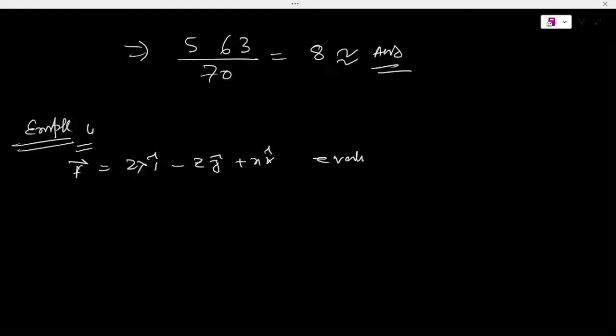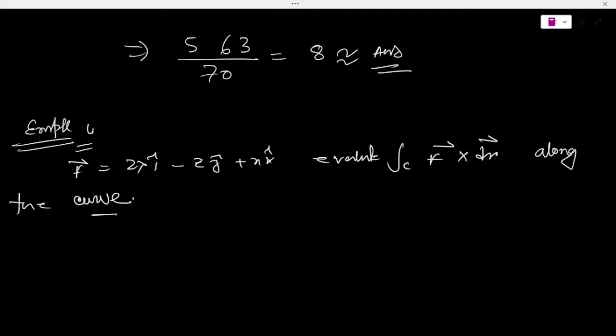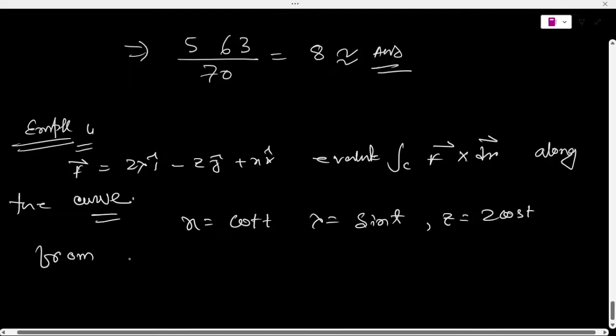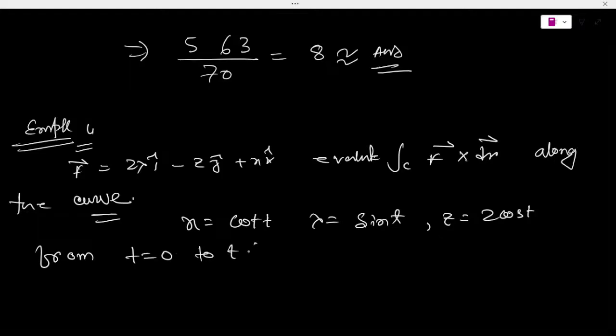Evaluate the integration over C of F cross dr. Okay, you have to evaluate this along the curve, where x is equal to cos t, y is equal to sin t, and z is equal to 2 cos t, from t is equal to 0 to t is equal to pi by 2.